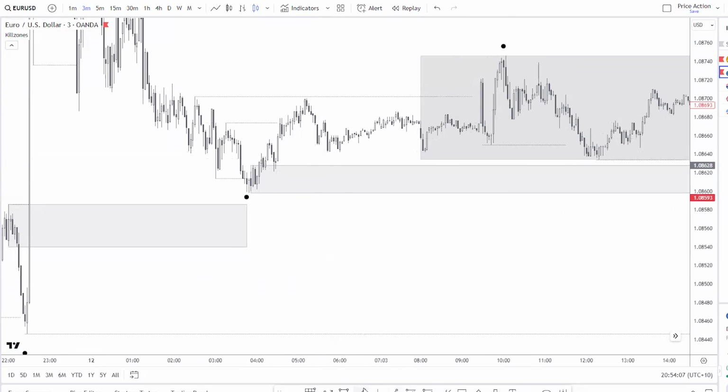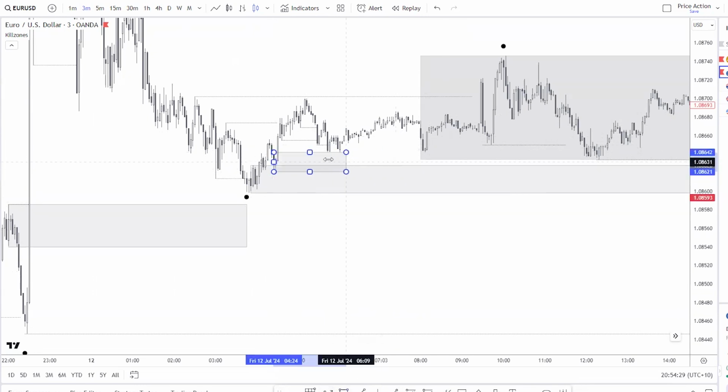Then price created another QM here. And price took liquidity. All of this is liquidity, three-candle formations. And it also created an inducement here, another one here, to mitigate the POI. The inducement is made to mitigate a POI.